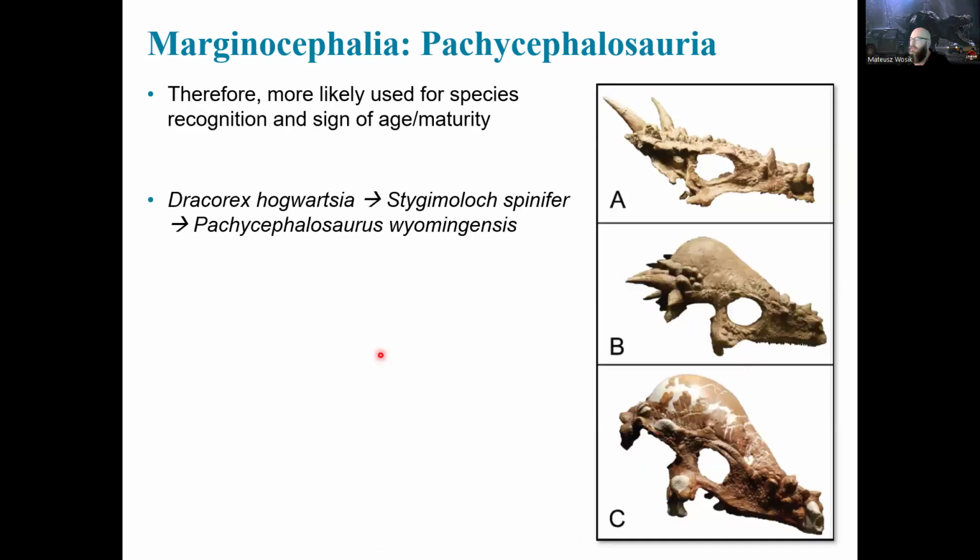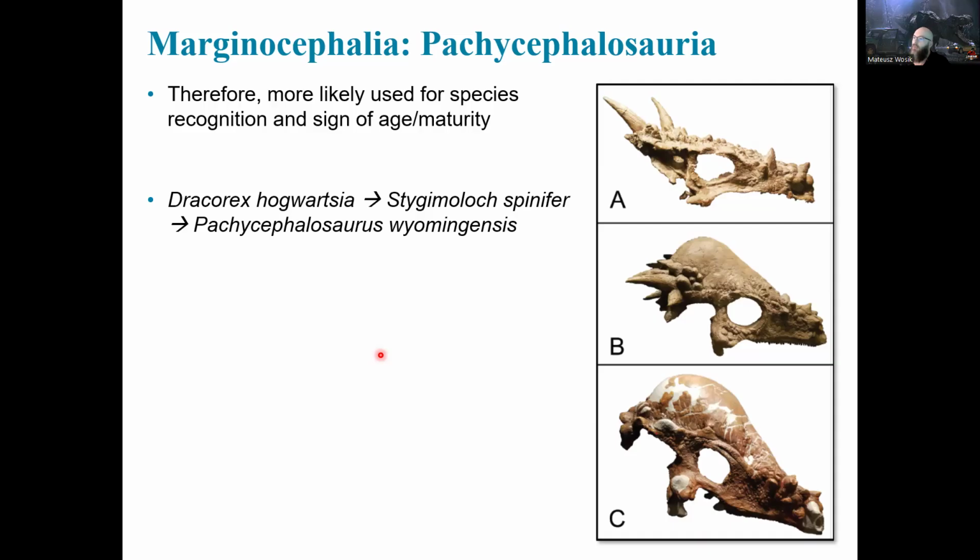But as I clued into here, if they didn't use this dome-headed structure for headbutting, it was for species recognition and sometimes a sign of age and maturity. So we have a pretty well-established spectrum of ontogeny, meaning through the life cycle of a certain group of species of these Pachycephalosaurs.